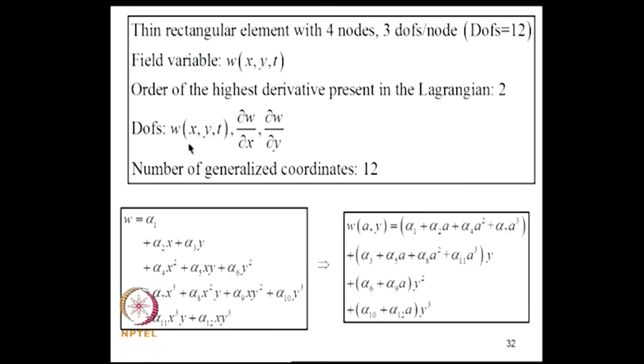Therefore, degrees of freedom were W, dou W by dou x and dou W by dou y, and there are 4 nodes, and the number of generalized coordinates was 12, because we needed 3 degrees of freedom at every node, and we used this representation.